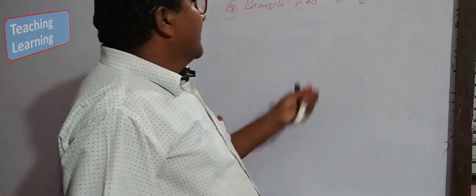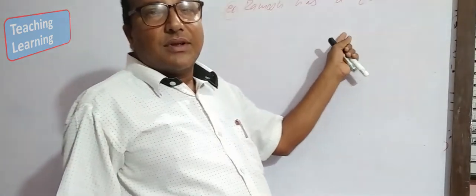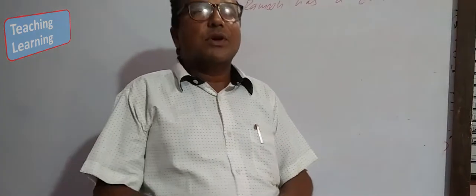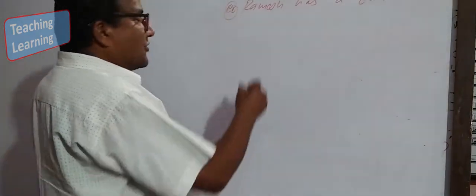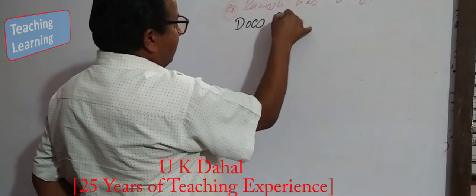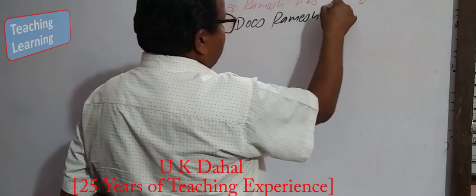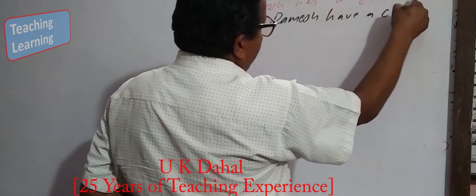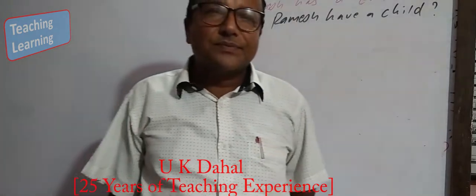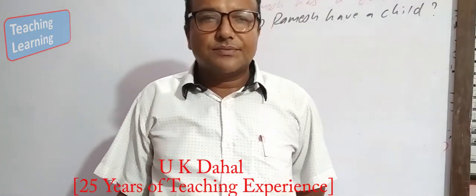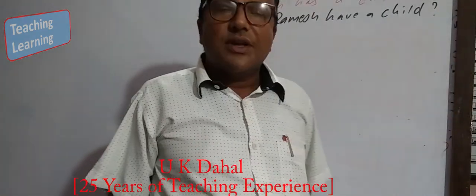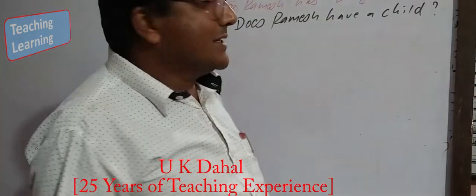There is no main verb. Has has come here in the place of the main verb. So we have to use does at first of the sentence. Does Ramesh have a child? In the positive answer: yes, Ramesh has a child. No, Ramesh doesn't have a child.